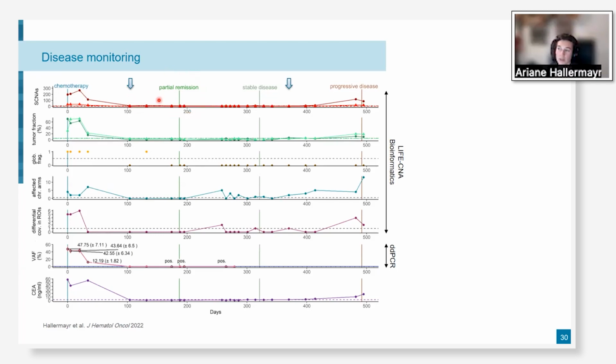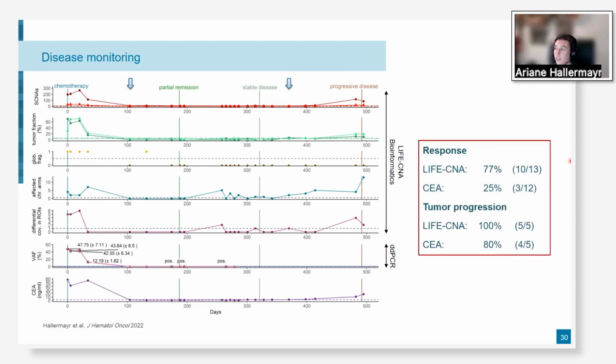That was several months before the clinical finding of partial remission. And this arrow indicates the first time point from which in follow-up samples ctDNA positive results were always obtained, indicating progressive disease several months before the clinical finding of progressive disease. So actually, live CNA also seems to work for disease monitoring.